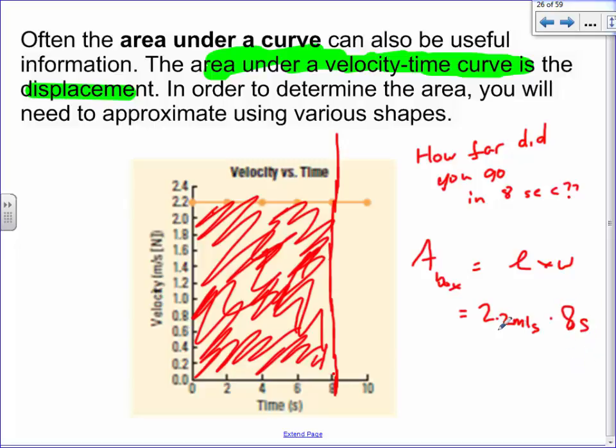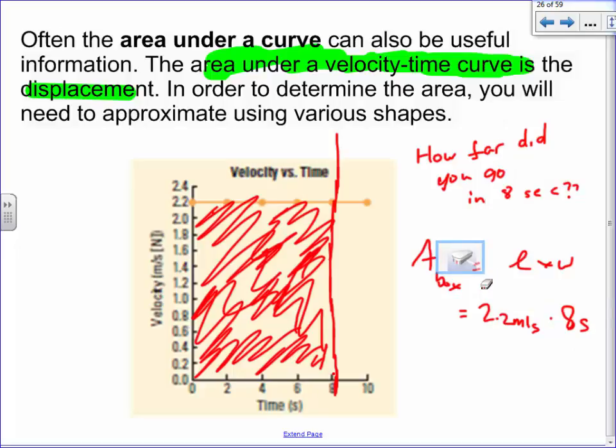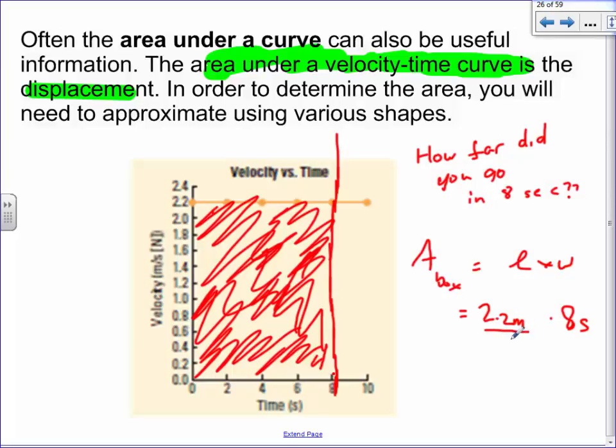Now watch this, look at the units here. If you have 2.2 meters per second, and I write it a little differently, with meters over top of a second, can you visualize how that seconds and that seconds will cancel? I'll be left with, I think, 17.6 meters.